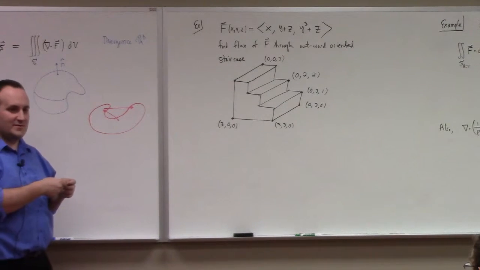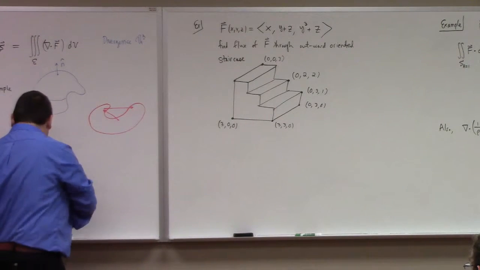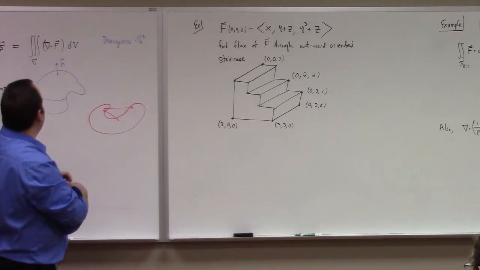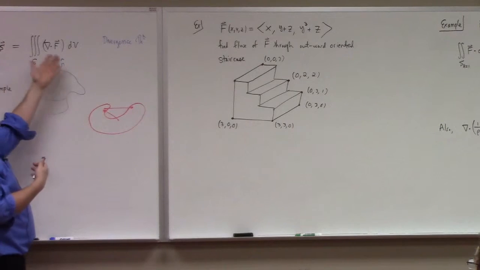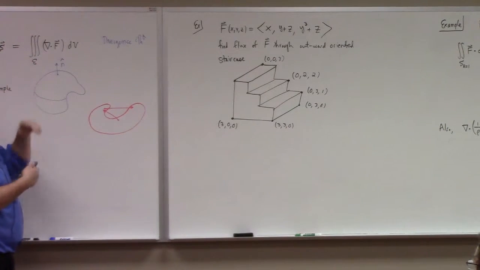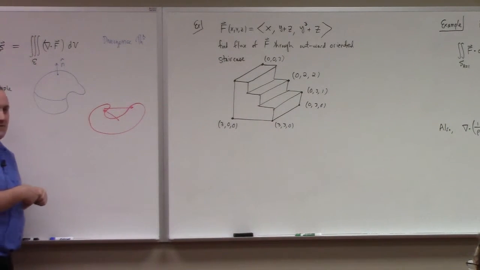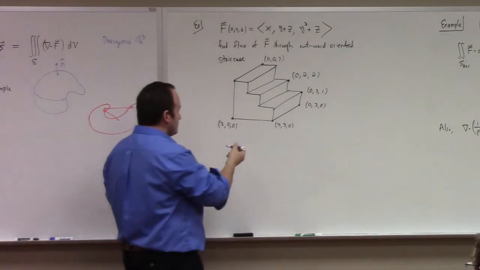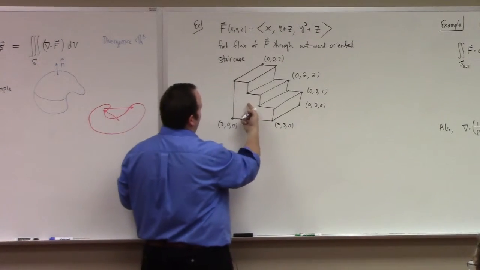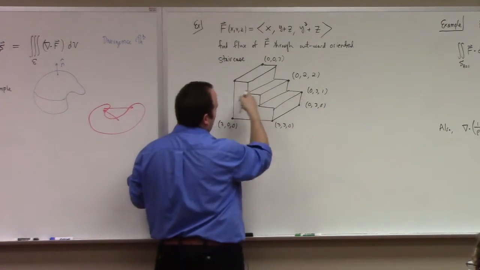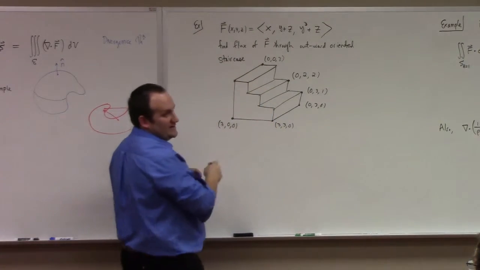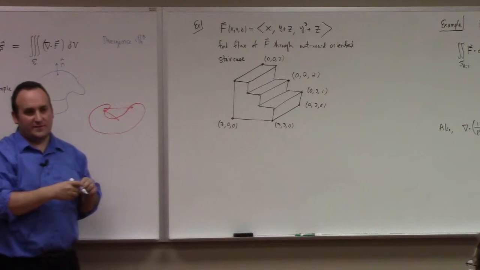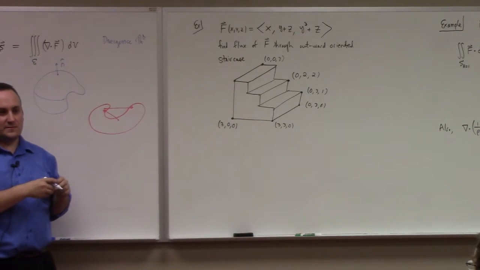I probably did one of those to you. Verify means you calculate both sides independent of each other and show that it works. That's what it means to verify the theorem, right? But here you'd have 1, 2, 3, 4, 5, 6, 7, 8, 9, 10 separate, by my count, surfaces to calculate the flux through.